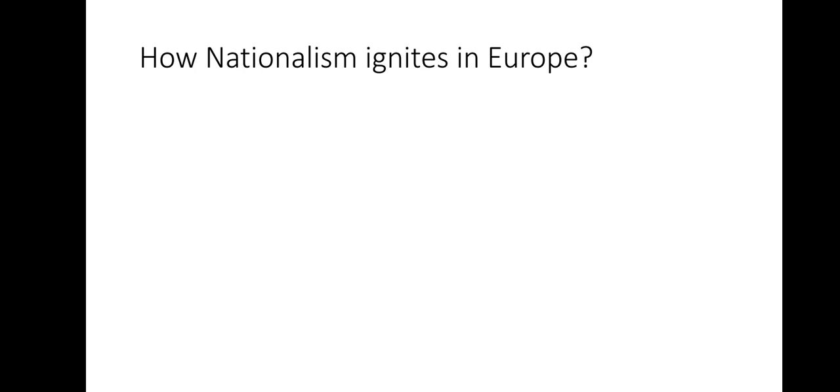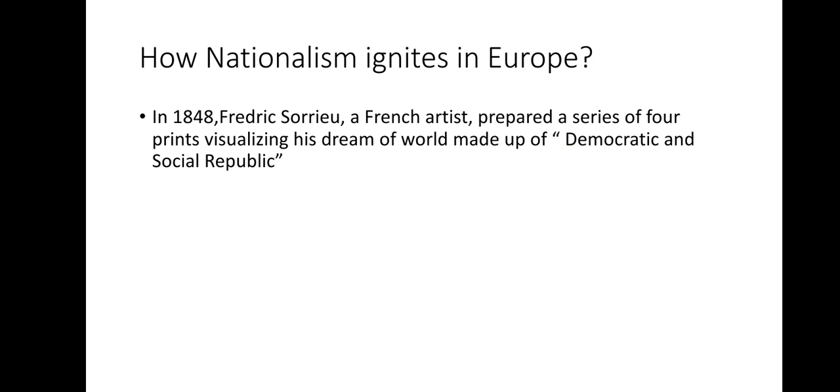My dear students, now we are going to start how nationalism ignited in Europe. In the previous class also, if we go through the first page of the first chapter, you find a figure.